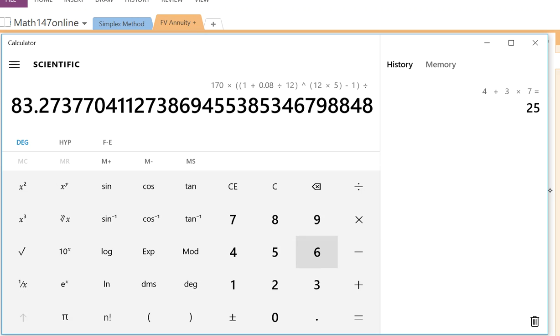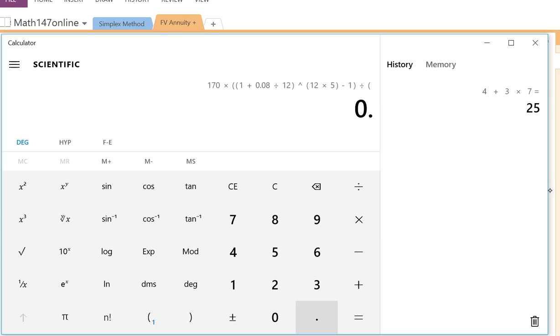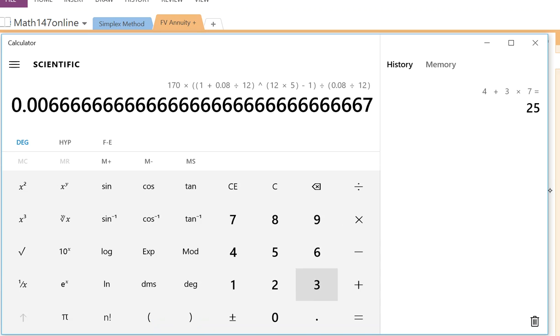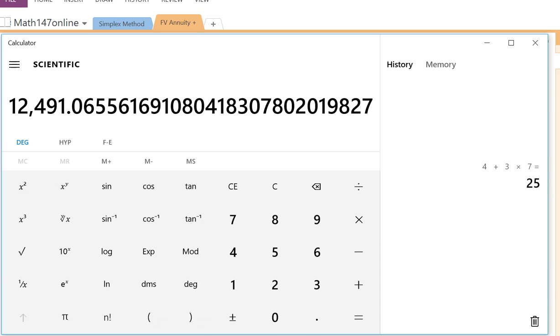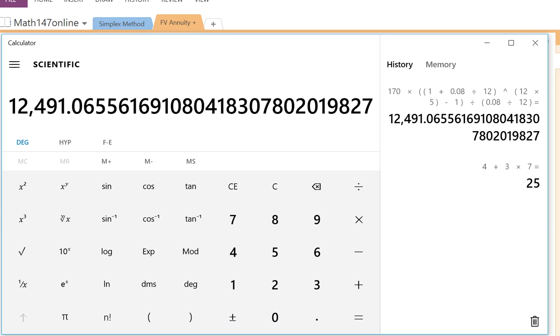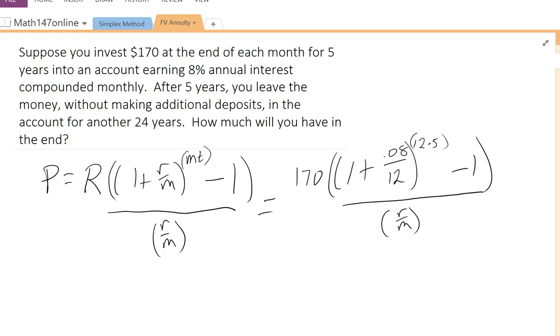And then I want to finish by dividing by that r over m, which again needs to be in parentheses, 0.08 divided by 12. Close parentheses, and then it equals. And so we'll have about $12,491 in the account at the end of the 5 years, the first 60 months of payment.